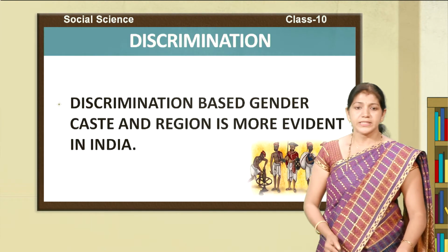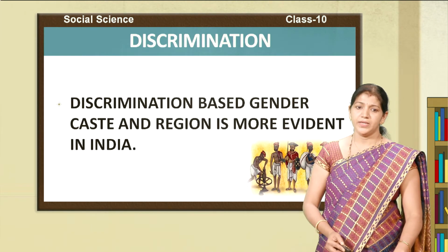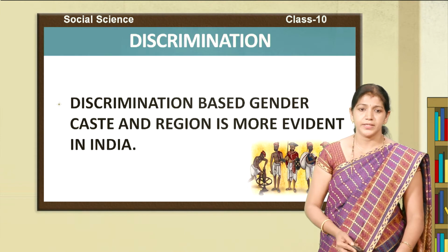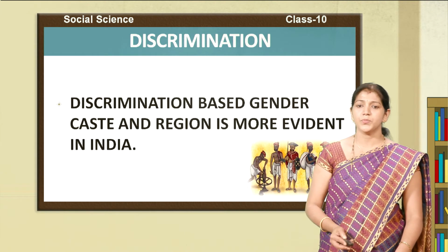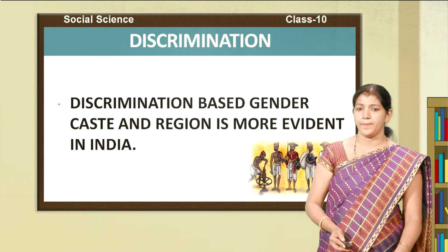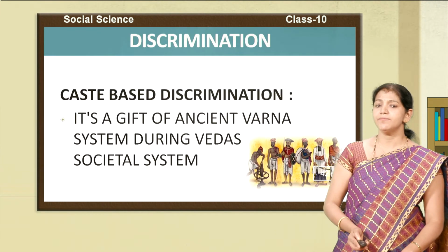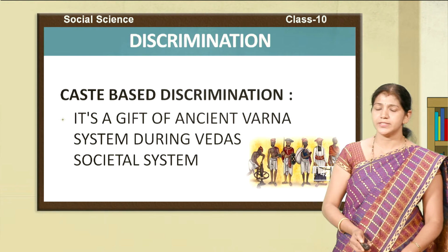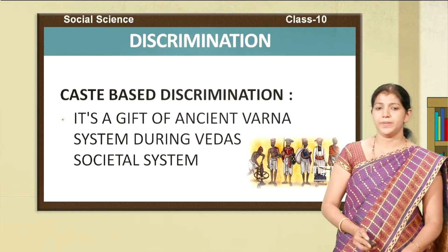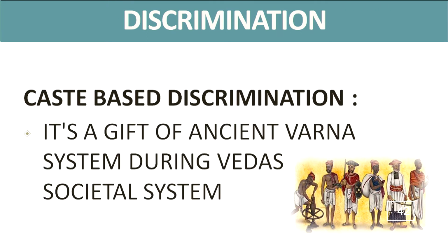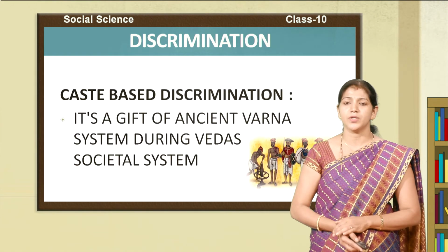The first one is caste based discrimination. Discrimination based on gender, caste and region is more evident in India. Caste based discrimination is a gift of the ancient Varna system of the Vedic period. When the Varna system was introduced in Indian society, it created discrimination.